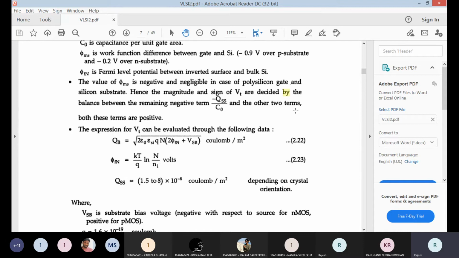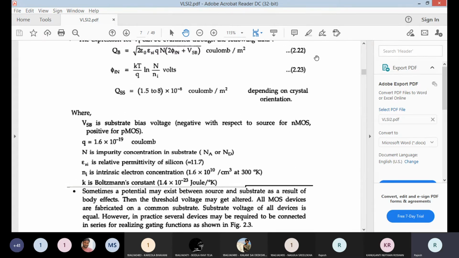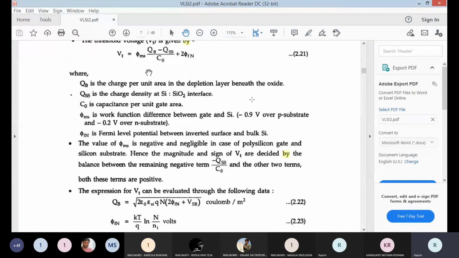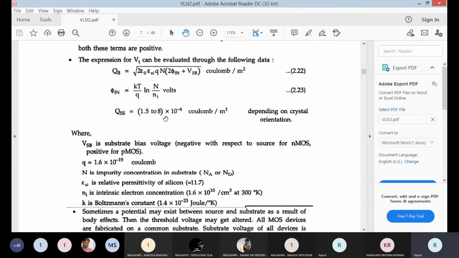So it is a Fermi level potential between the channel area and the substrate. So that is written here as 2.22, 2.23, and depending on the crystal concentration, QSS, charge density between silicon to SiO2 interface will vary from 1.5 to 8 into 10 power of minus 8 coulomb per meter square. So in this equation 2.22, we have written something, VSB.